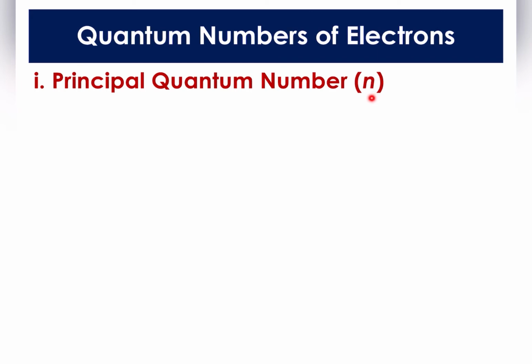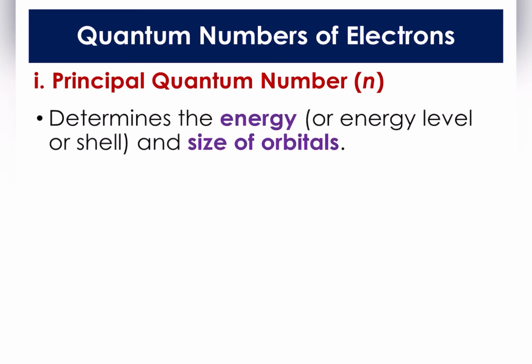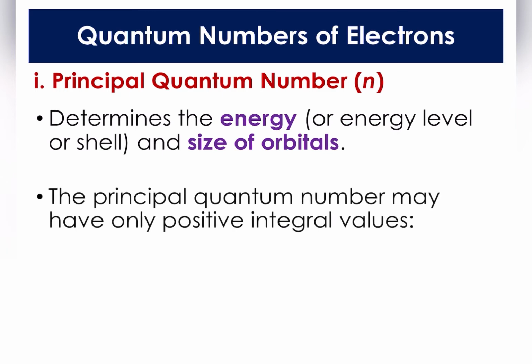The symbol is small letter n, where this principal quantum number can determine the energy, atau dalam erti kata lain, energy level or shell and size of orbitals. You also have to know that quantum number, term number tu maksudnya dia ada nilai.